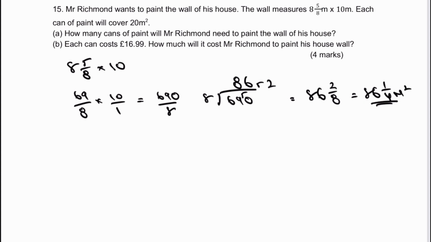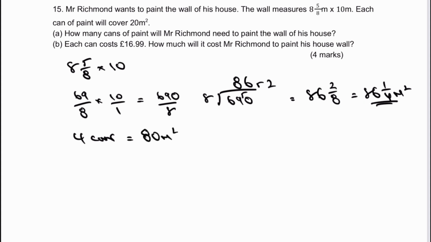Okay, now each of the cans of paint covers 20 meters squared. So rather than dividing 86 1/4 by 20, which is not really necessary for this, and bearing in mind it is a non-calculator worksheet, what I would do is say, well, if I had 4 cans, that would equal 80 meters squared.